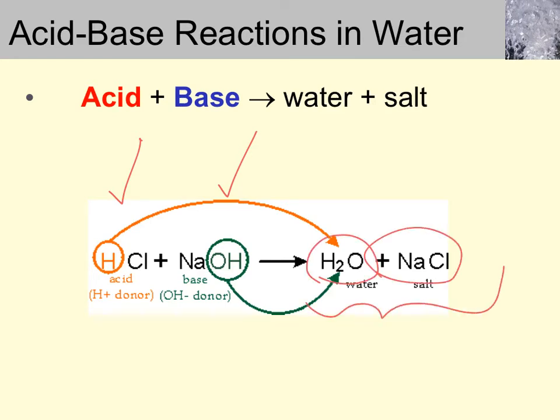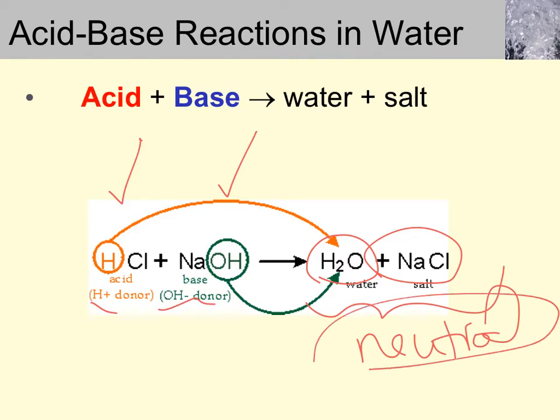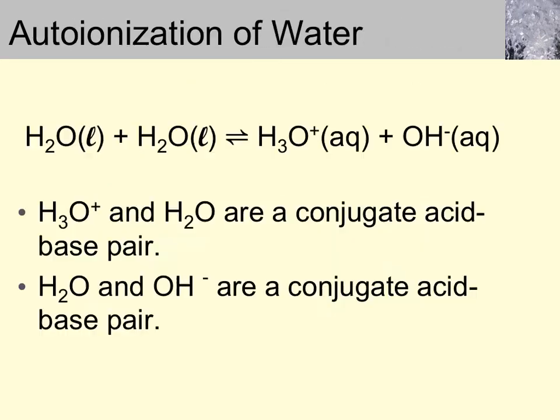So overall, you've gone from a solution with an acidic and basic substance to an entirely neutral solution. They essentially annihilate each other. It's important to remember that a combination of a strong acid and base makes water and salt. Remember, salt is the nickname for ionic compounds.